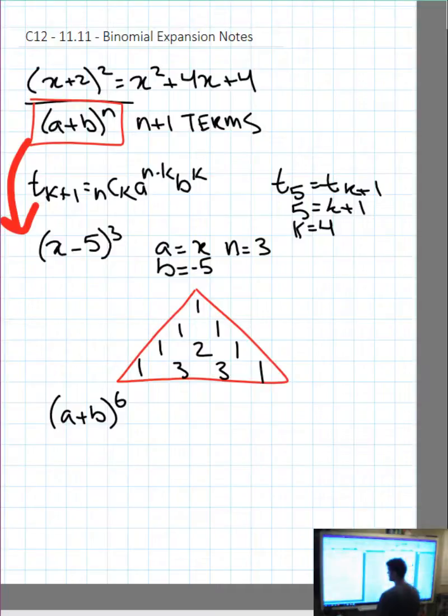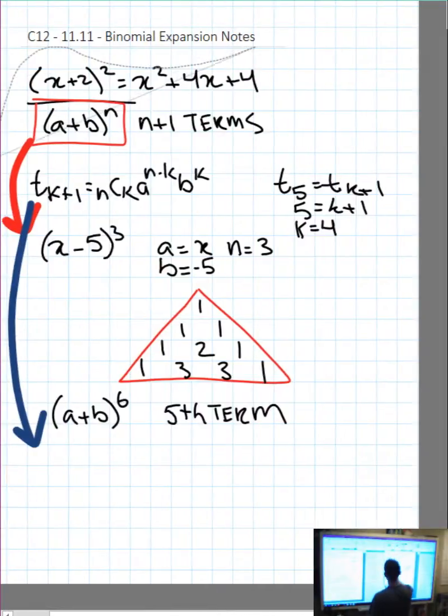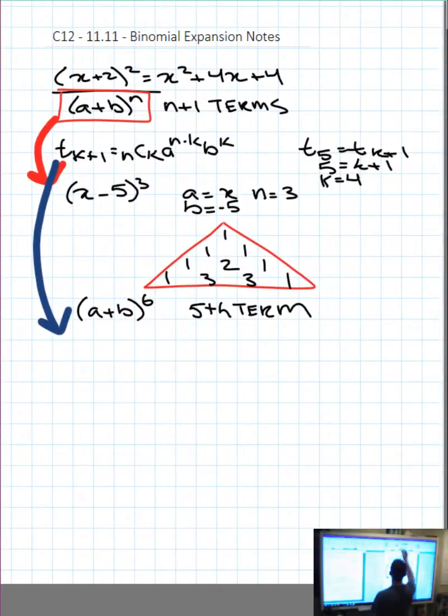So (a + b)^6, and let's say we're looking for the 5th term. Well, I'm going to write the formula in big blue from above, and shrink my work a tad. t_(k+1) equals nCk, a^(n-k), b^k.